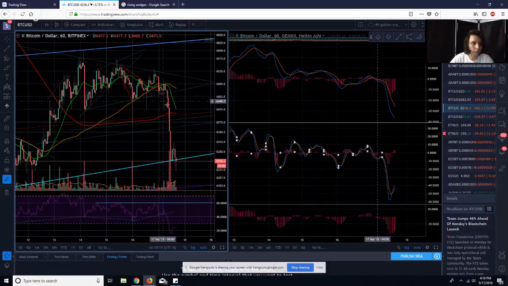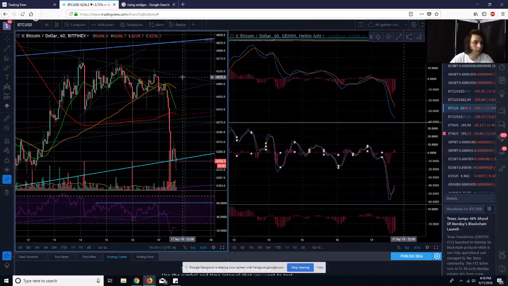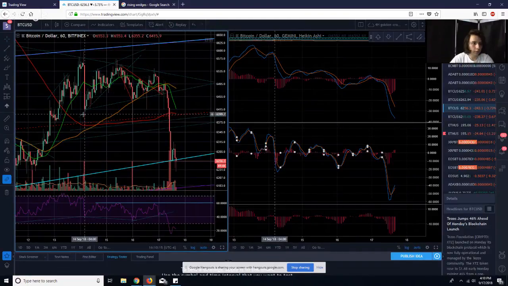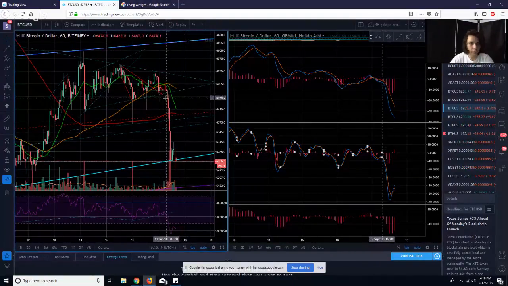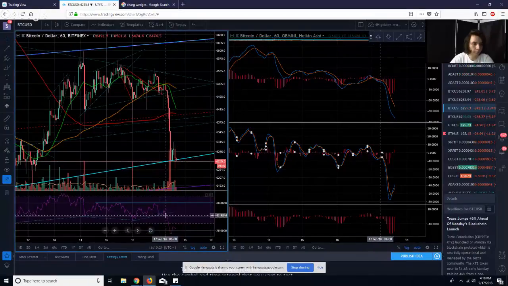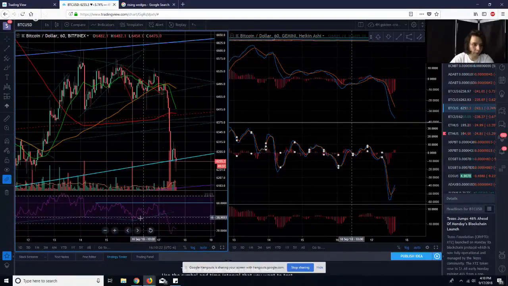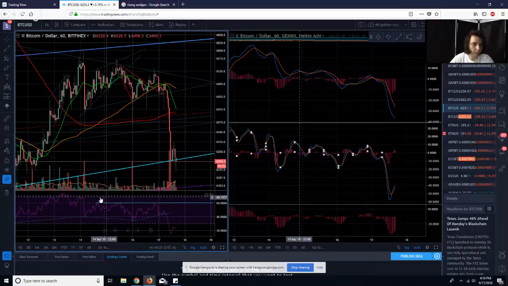I probably would have entered right after we broke out of this triangle right here. After getting the confirmation right here, it also signaled the trend break on the RSI after getting this triple top.